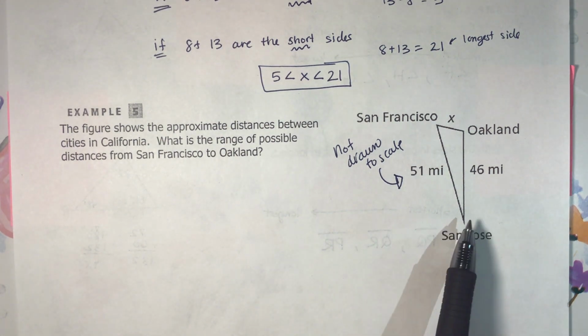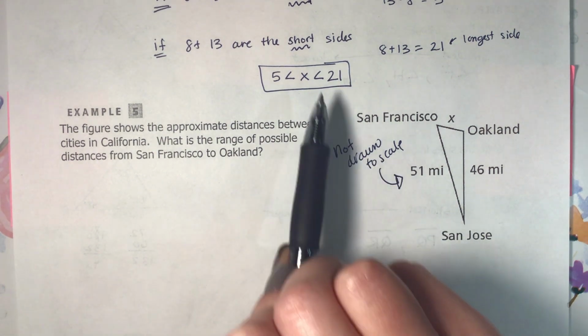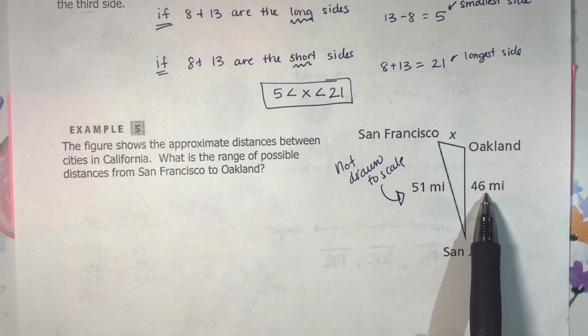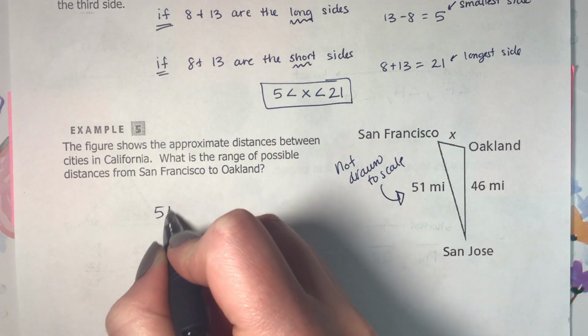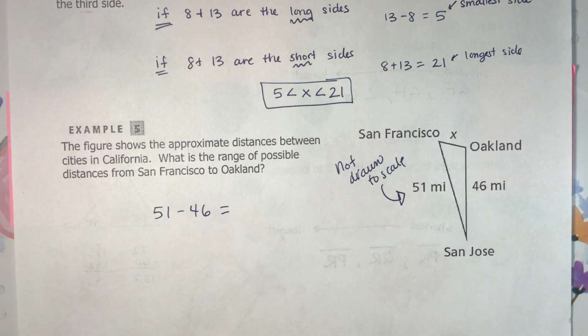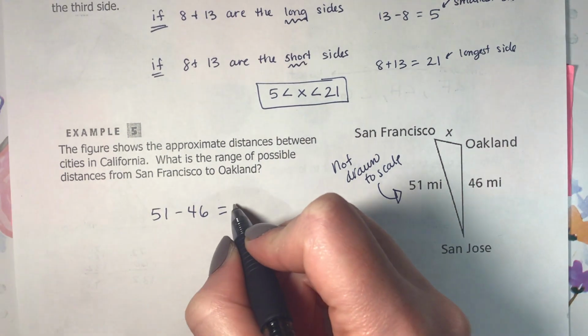So we're going to set this up the same way that we did our previous problem. What if 51 and 46 were the long sides? I'm going to take 51 minus 46, and that's going to get me 5.